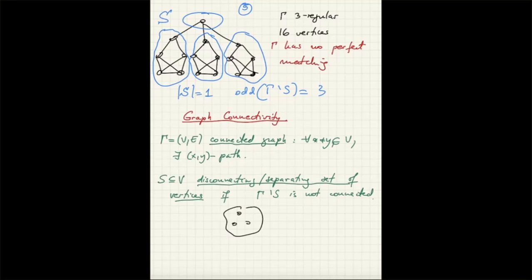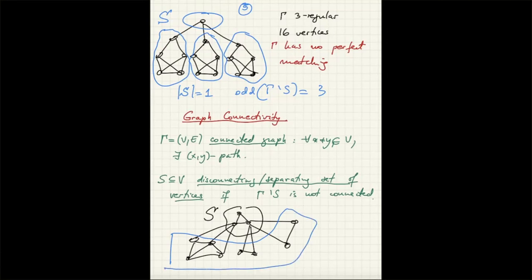You deleted these vertices in S, and this is the graph that you create when you delete S. So S is the set of 3 vertices on the top, and the graph you create has 3 components, this one, this one, this one. So that would be a disconnecting set of vertices.